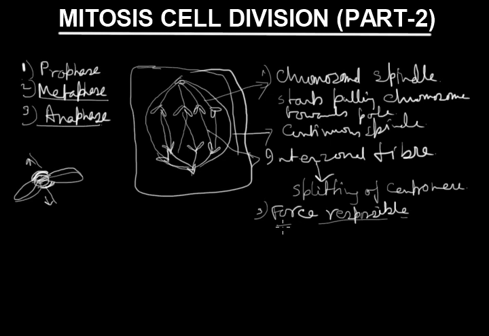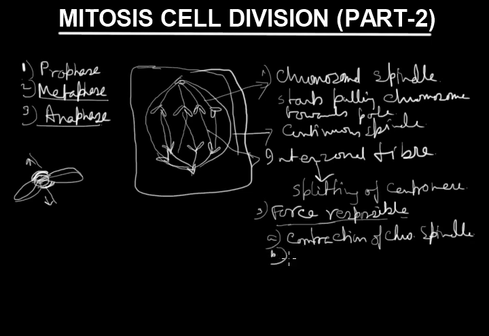There are three types of forces. First, the contraction of the chromosomal spindle. This chromosomal spindle contracts and the chromosomes move towards the pole.